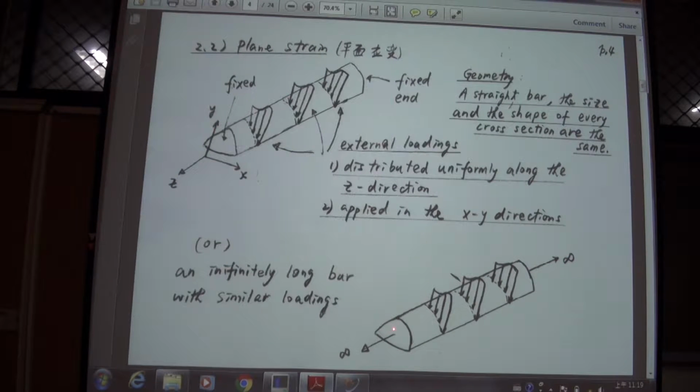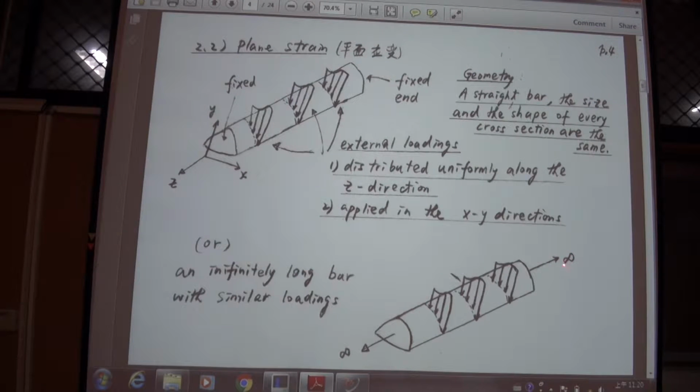Since it is infinitely long, the two ends cannot be moved, because at the infinity points, nothing can be moved. So this condition for a finite straight bar can be replaced by the condition that the bar must be infinitely long.